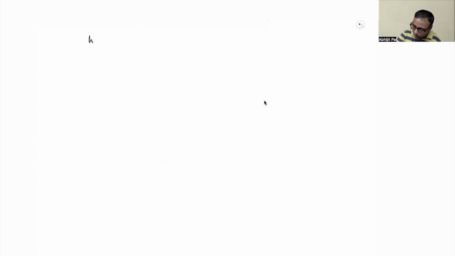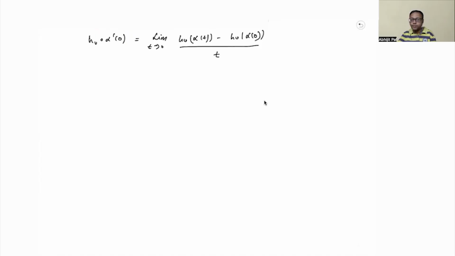So now, what will this be? This will be equal to the limit as t tends to 0 of (H_B(alpha(t)) minus H_B(alpha(0))) divided by t.